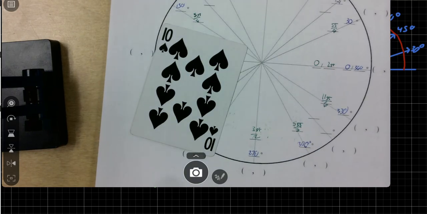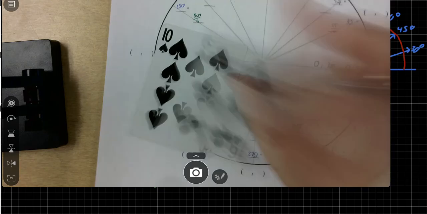Okay. Okay. Higher or lower? Okay, ready? Lower, right? Yes.